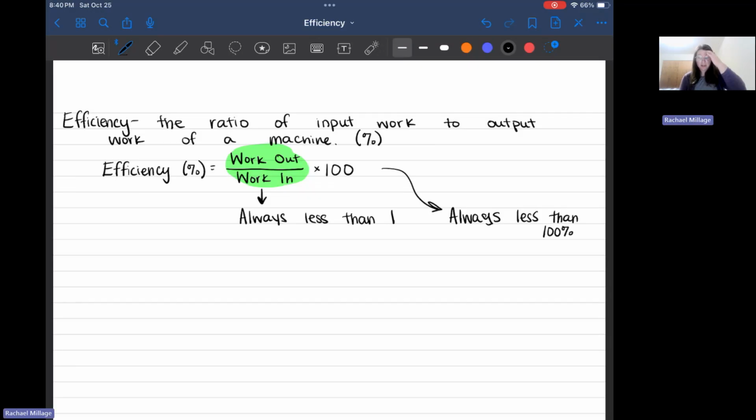If we have a number that is greater than 100, what that means is our machine is creating more work. Machines don't work that way, all right? Machines will always lose a little bit of energy or lose a little bit of work when they do work, right? Okay, a little bit of it is lost, and we're going to talk about that later on in the semester.